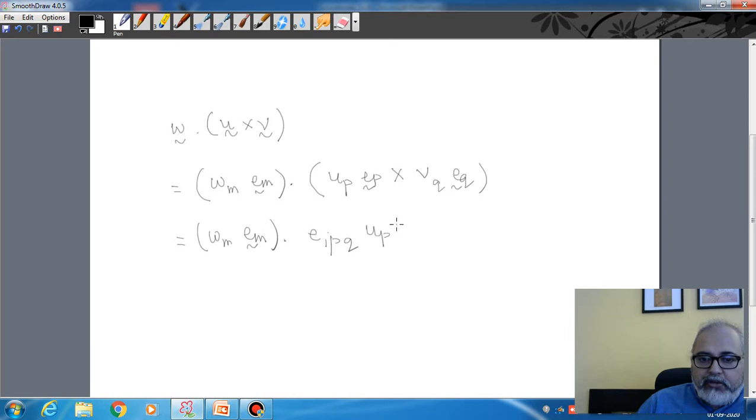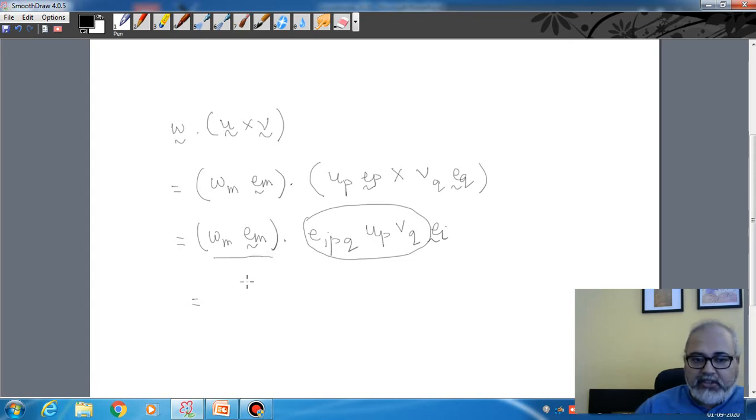UP VQ EI. This part is the ith component of this cross product, and because it's the ith component, I have to write EI here. So this is the net vector that results from U cross V. Now I have to dot this with this guy.